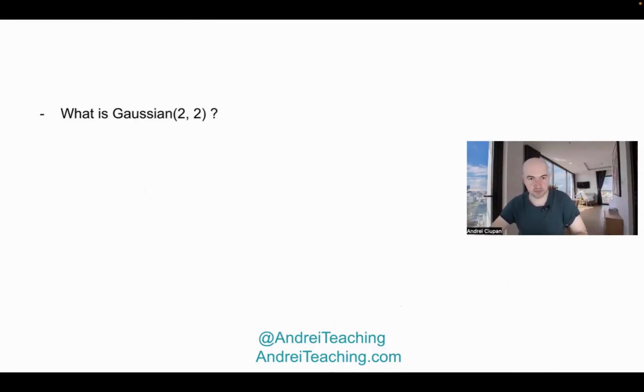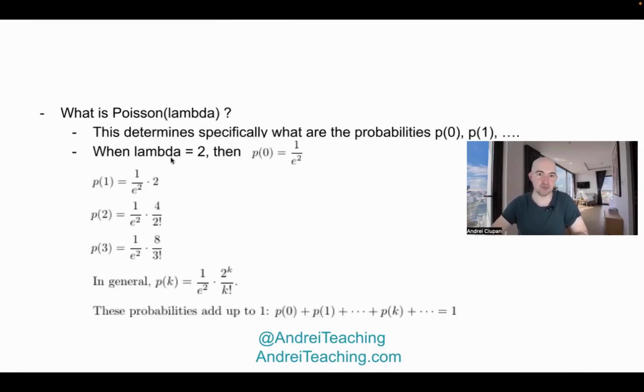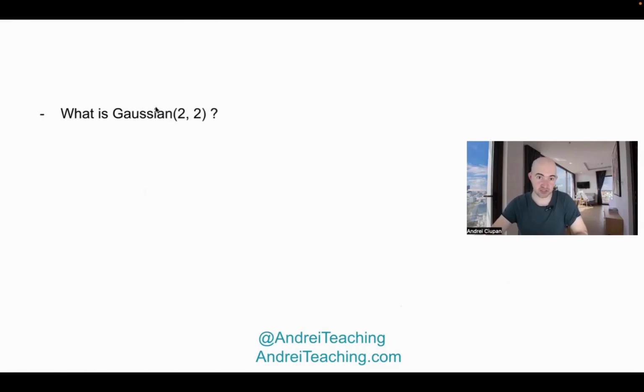Now, what's a Gaussian, right? And particularly, what's a Gaussian with mean 2 and variance 2? If you remember, this is what we added, right? We added the Poisson with lambda 2 with the Gaussian with mean 2 and variance 2. The Gaussian is a bit different because the Gaussian box doesn't give only positive integers.